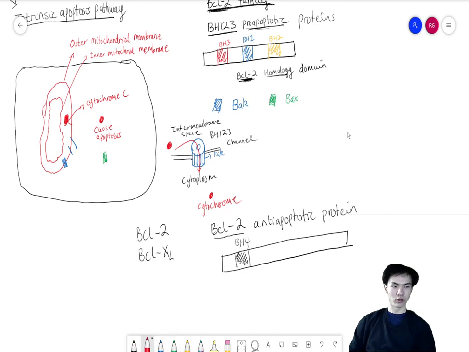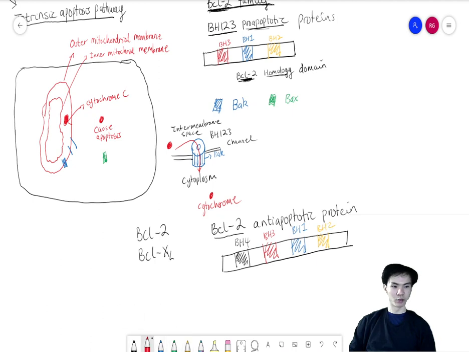You have your BH3 domain, and you also have the other domains. All of these domains are found in the BCL2 anti-apoptotic family of proteins. You have your BH1, and then on the end you have your BH2.